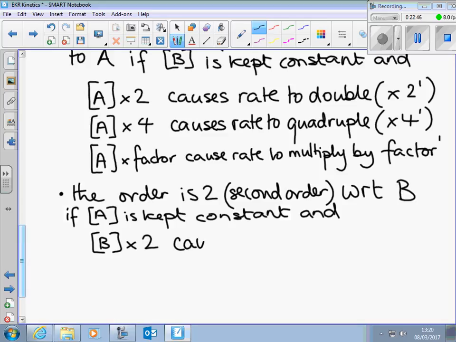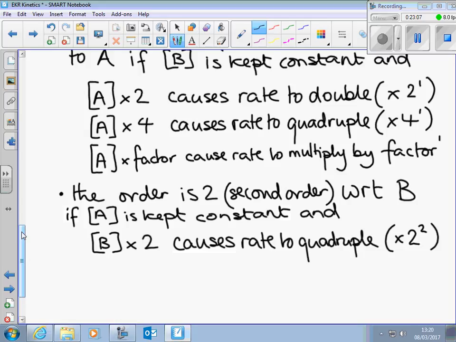All right. So causes the rate to, I suppose this one is quadruple, isn't it? Yeah. You've got a very, very logical pattern. Once you can see it, to start with it makes little sense, but when you can actually see the numbers. So it's that 2, the little index there, is the order of reaction.